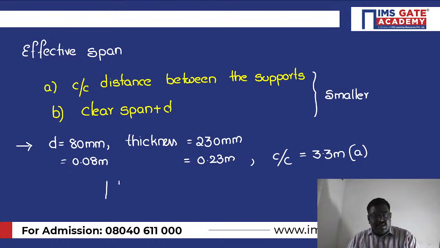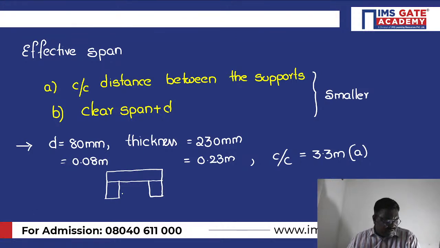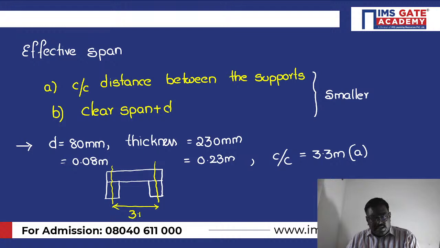Now if we consider a simply supported beam here, the center to center distance is given as 3.3 meter. The thickness of the wall is given as 230 mm. So how do you calculate the clear span here?